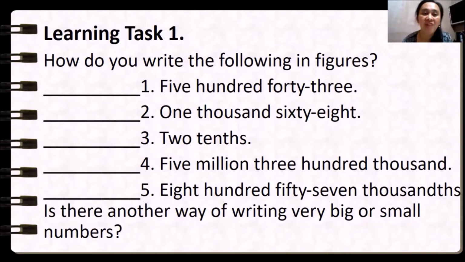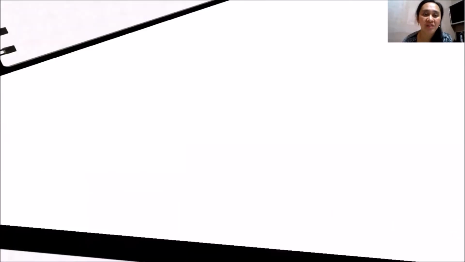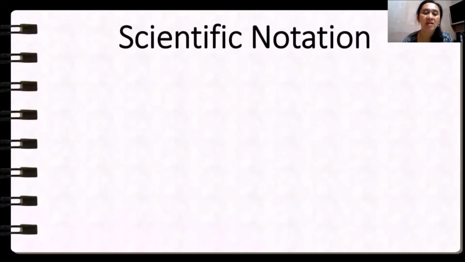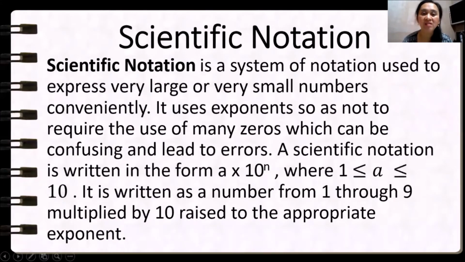Now let us define what is scientific notation. Scientific notation is a system of notation to express very large or very small numbers conveniently. It uses exponents so as not to require the use of many zeros, which can be confusing and lead to errors.